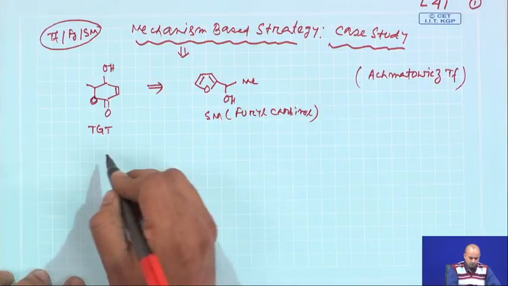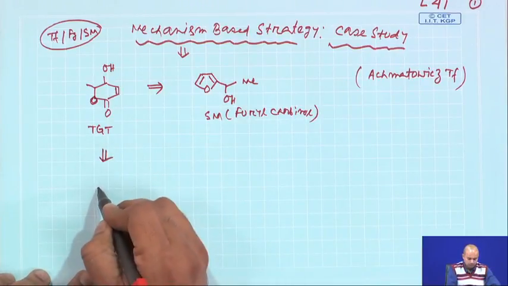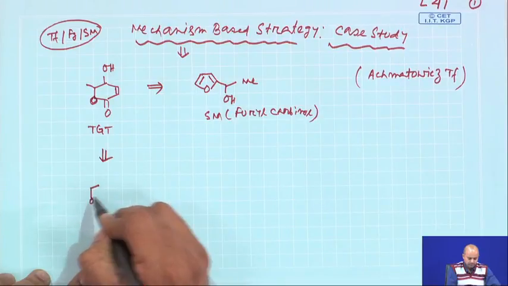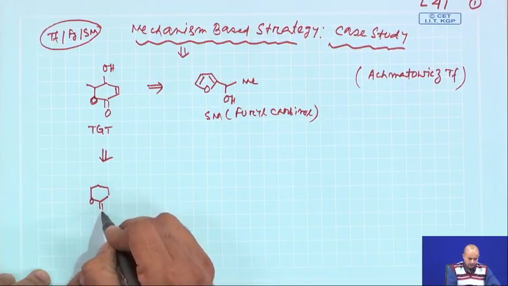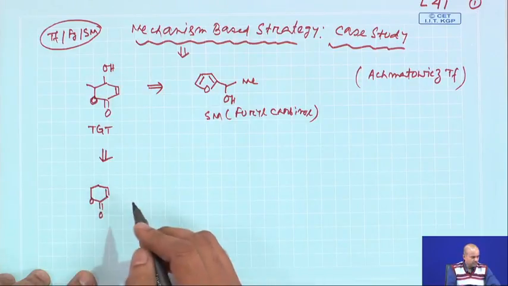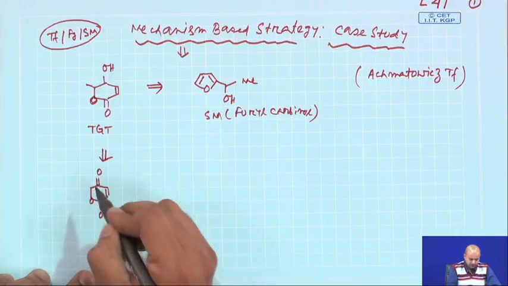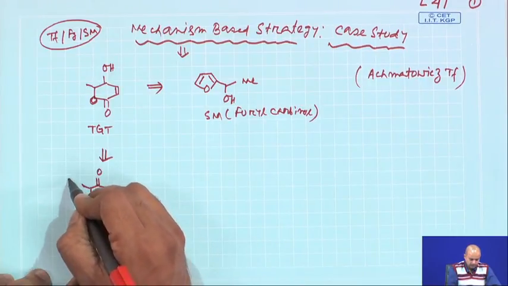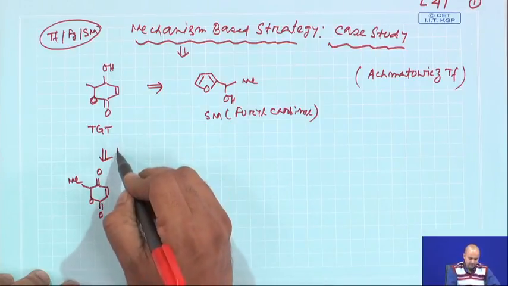So, now I will do a simple straightforward retro disconnection of this molecule, and then we try to figure out how this target can be correlated with the starting material. This is a simple FGI.